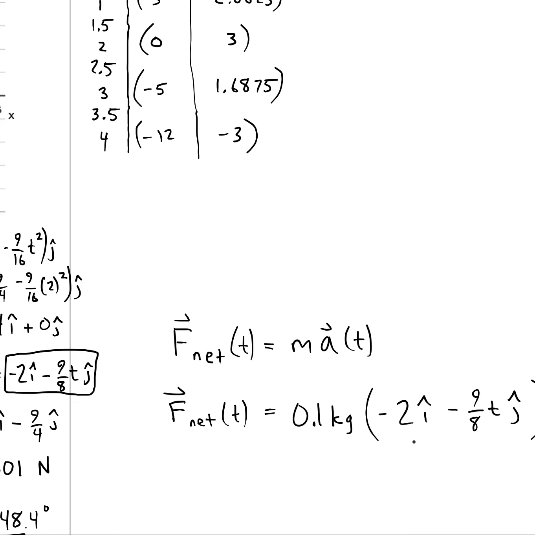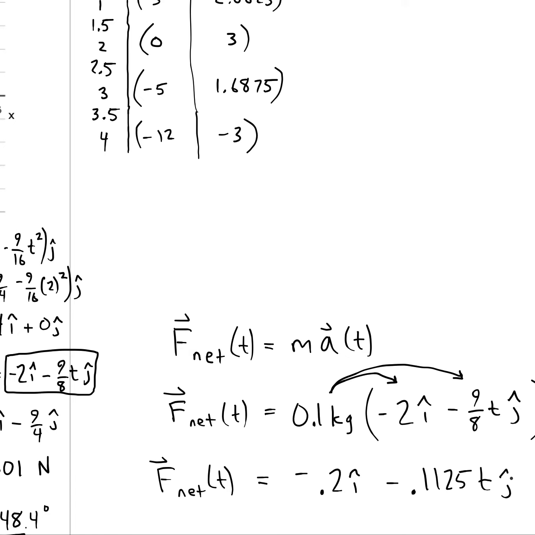So that was the acceleration that we found in the previous step. And you just have to distribute your 0.1 to the terms. So your F net becomes negative 0.2i minus 0.1125 tj. Alright, that looks good.